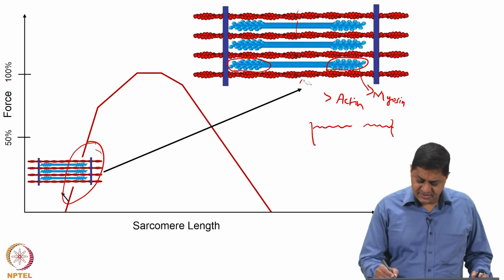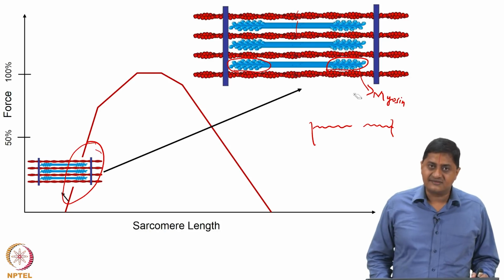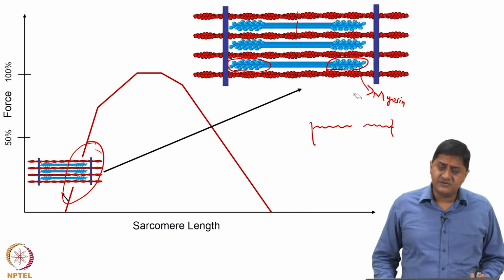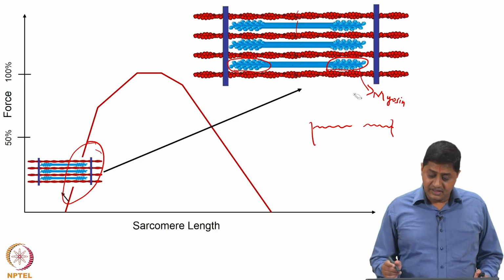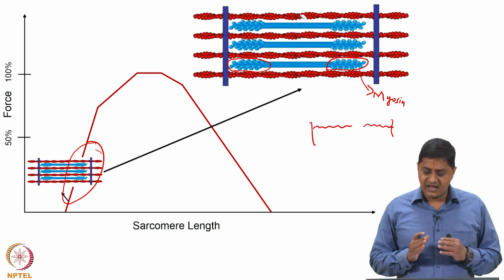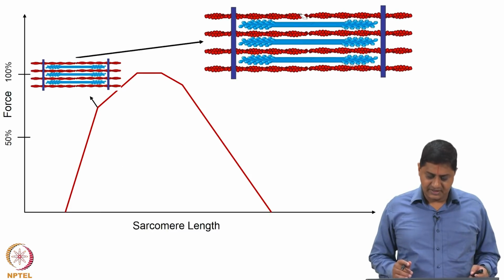This causes a situation in which the myosin cannot bind with the maximum number of actin sites, right. So, this reduces the force that can be produced. Now, if the sarcomere length increases, you would expect the actin filaments to move farther away from each other, like that.